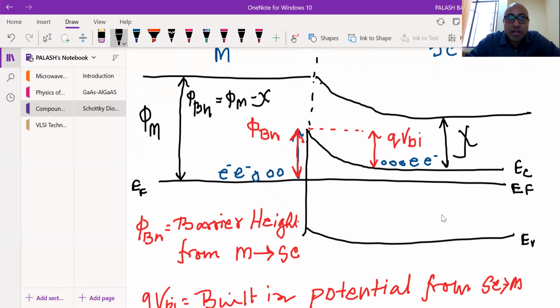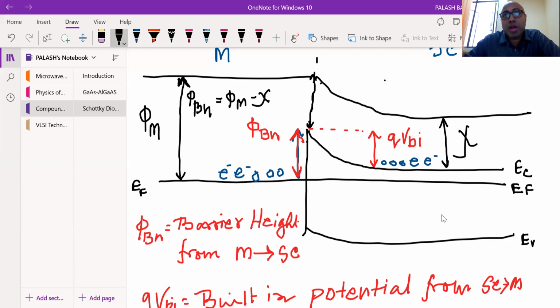So you see that this whole thing is 5N. From here to here, it is 5N, and from here to here, it is actually chi, because the top of the EC, so 5M minus chi is actually 5Bn.